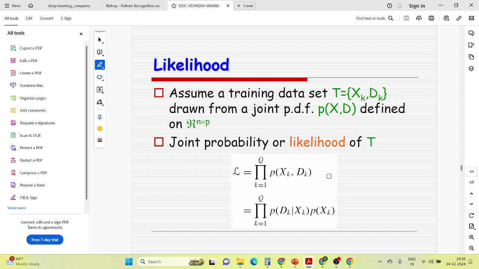You have to understand that here the training examples are IID. What does IID mean? Independent and identically distributed. What does it mean? This likelihood is the probability of occurrence of the data.